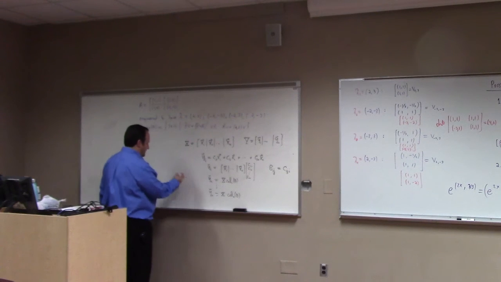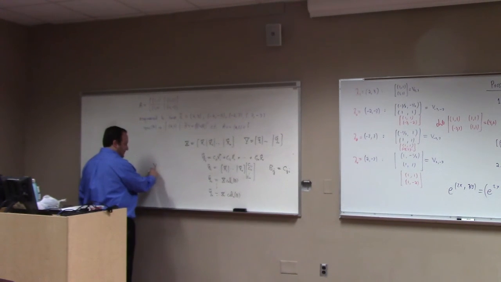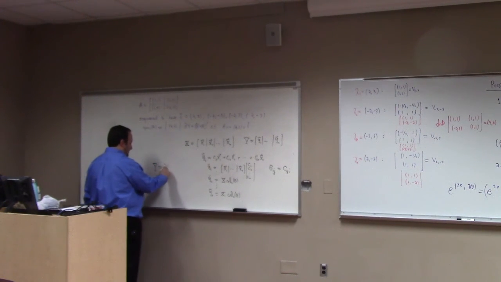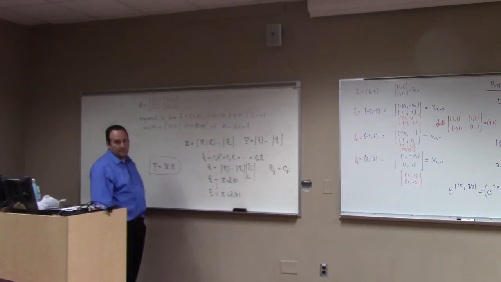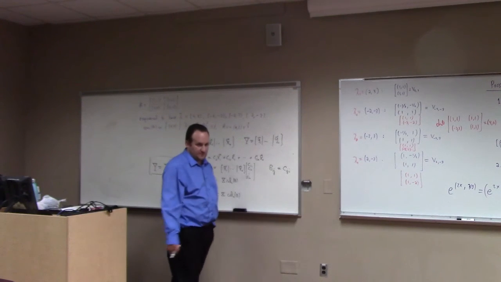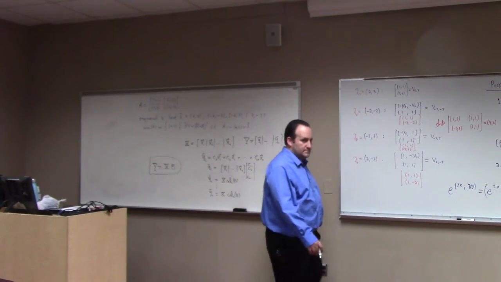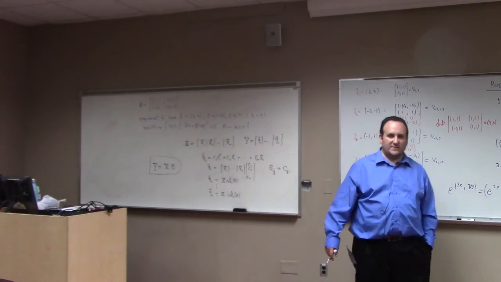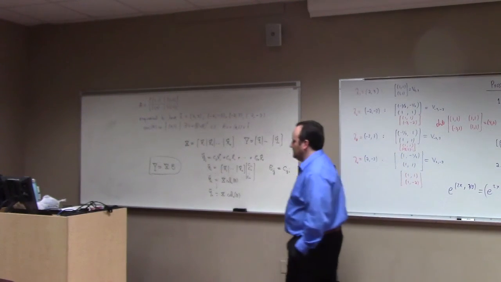So my point is that if we put those all together, we get the matrix Y equal to the matrix X times B. And B is a constant matrix. In fact, it's pretty easy to calculate what B is.